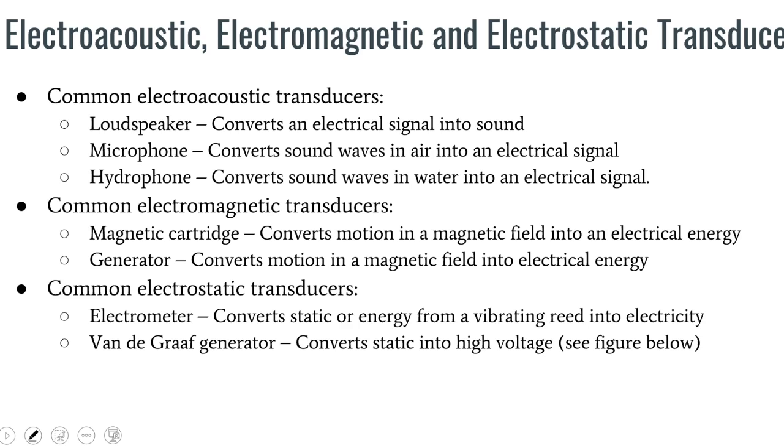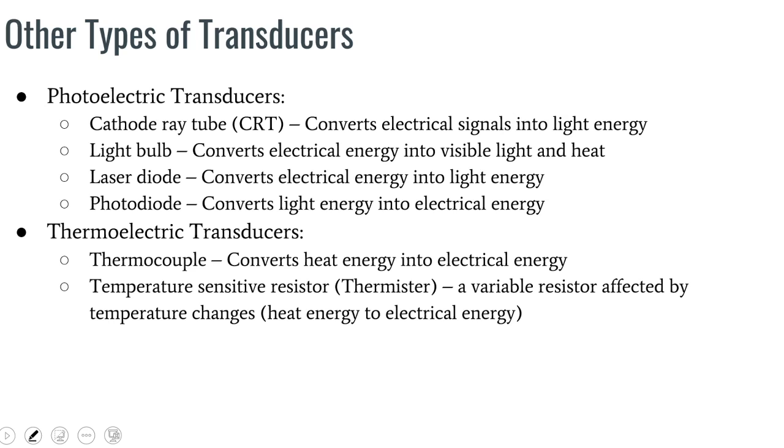Then we have many other types of transducers such as electroacoustic. This is electricity and sound. Electromagnetic, electricity and magnetic. Electrostatic. So again, these are various different types of transducers. Depending on the need that we may have, we may use some of these in our systems.